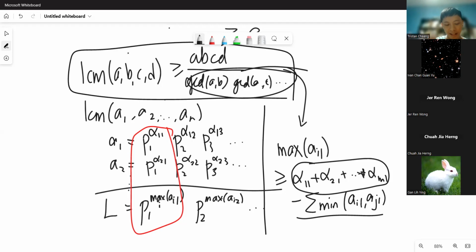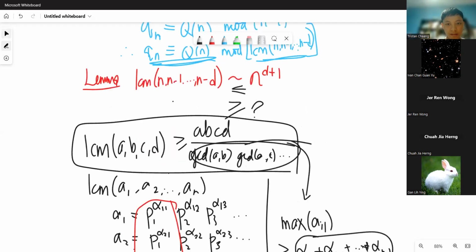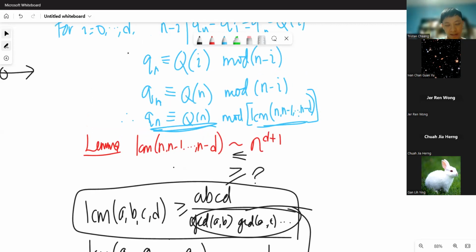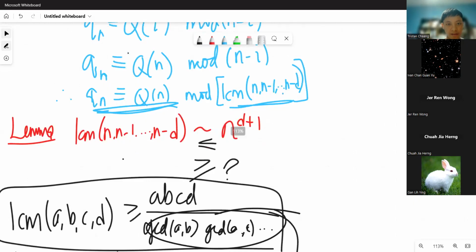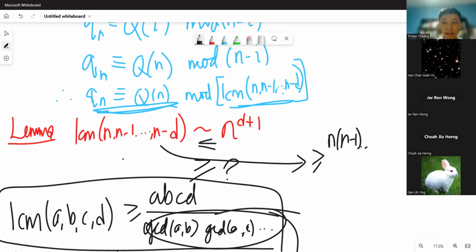And we can use this and prove that lemma that we have just now. So why is it this order? Because this thing is greater than or equal to n minus 1, blah blah blah, n minus d over the pairwise GCD.